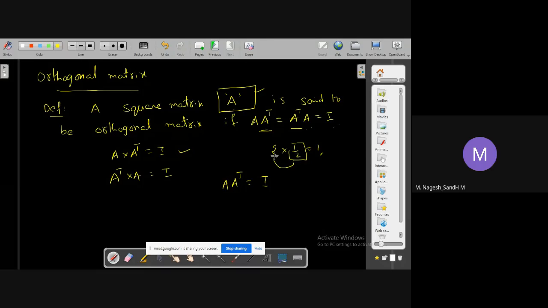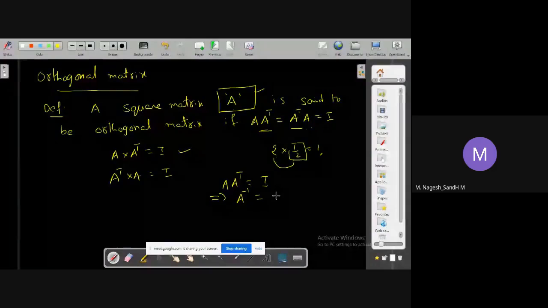Which implies A inverse is equal to A transpose.